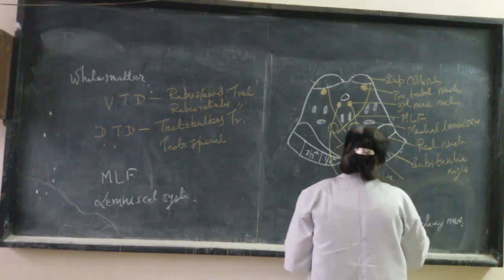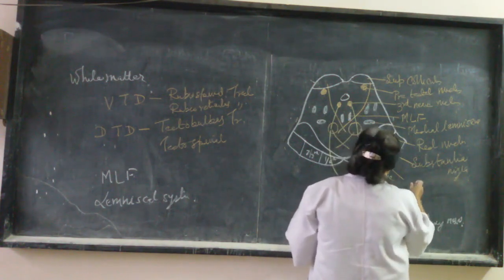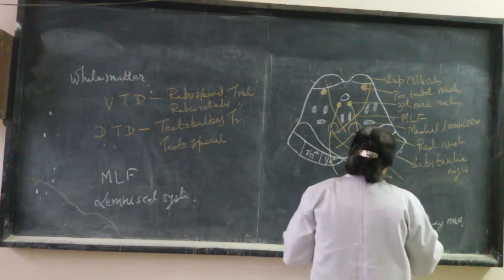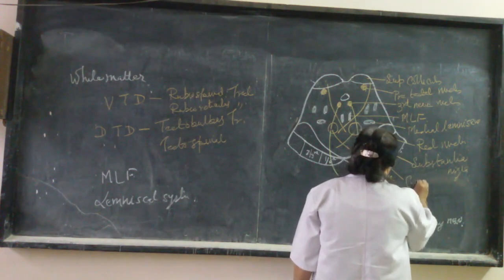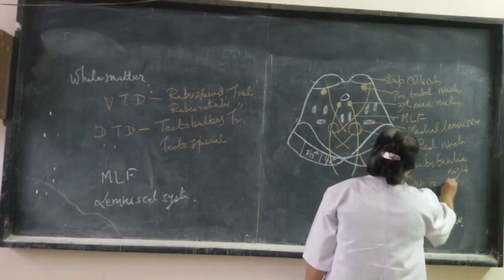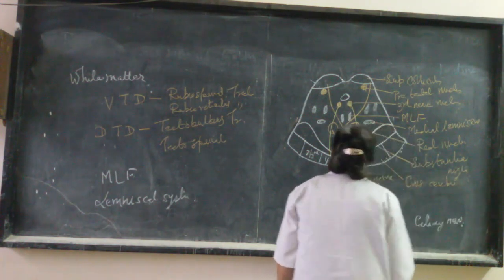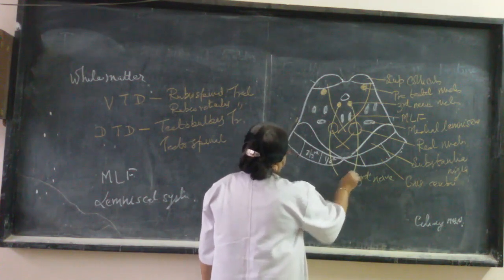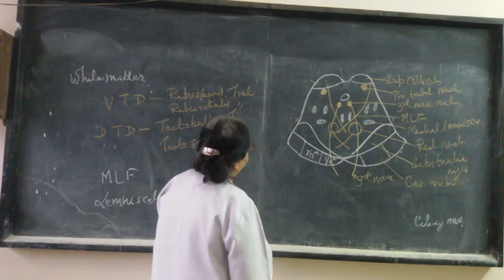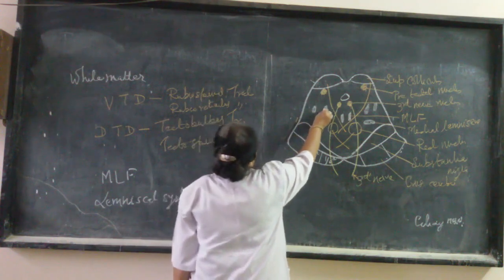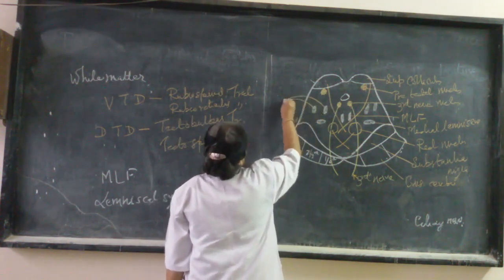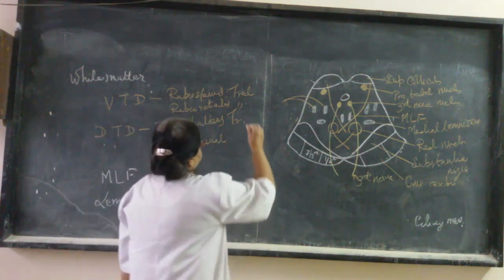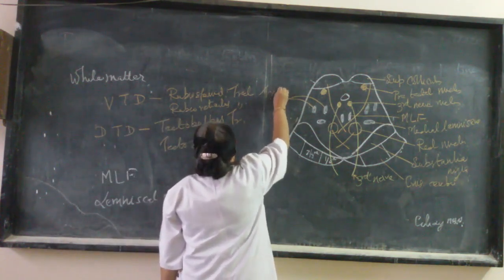This is the crus cerebri. This nerve is the third nerve, and these two are the trigeminal and spinal lemniscus.